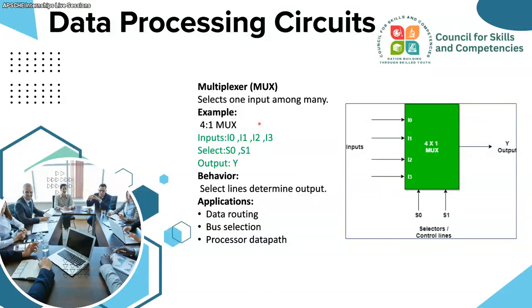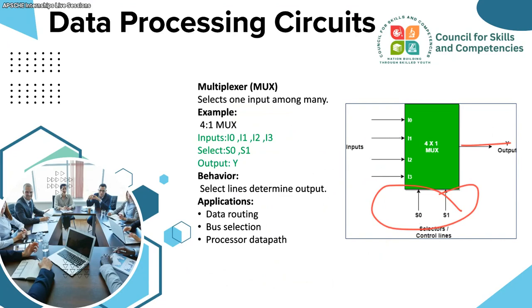So MUX, multiplexer, what is its purpose? It selects one input among many. Suppose many things are traveling over here, and you want to allow only one depending on some condition.